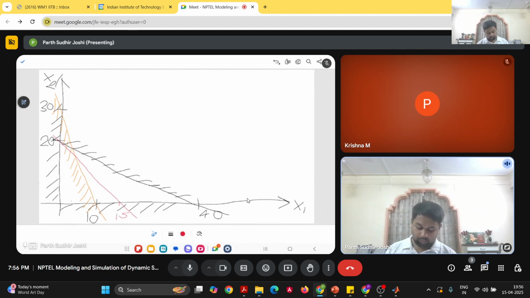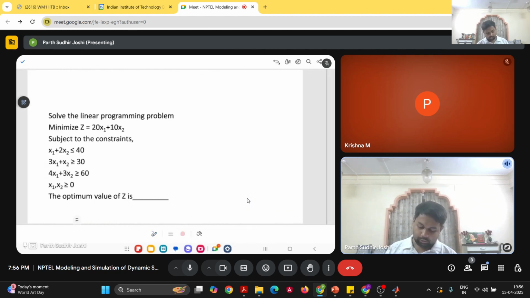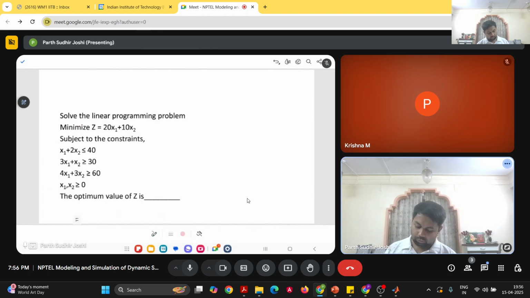So this will be our line. And if we substitute the coordinates of the origin, 4x1 plus 3x2, so 0, 0.